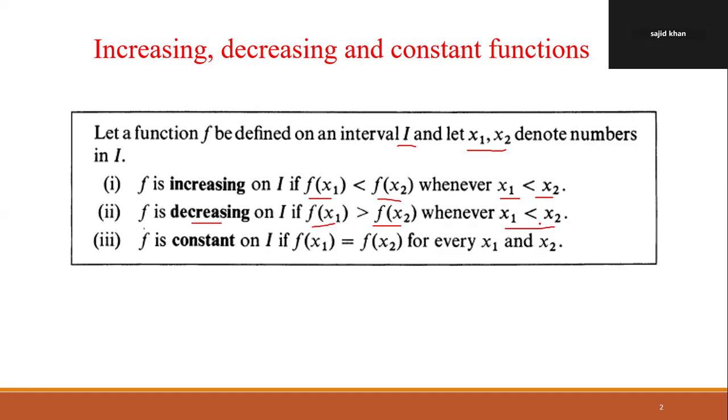Understand? The third one is a constant function, in the case when f of x1 is equal to f of x2 for all values of x1, x2 belonging to that interval.